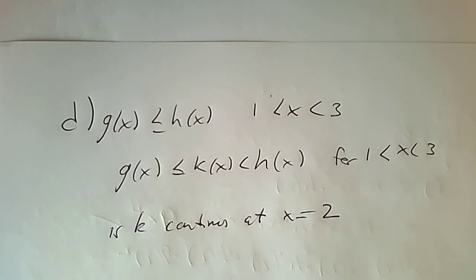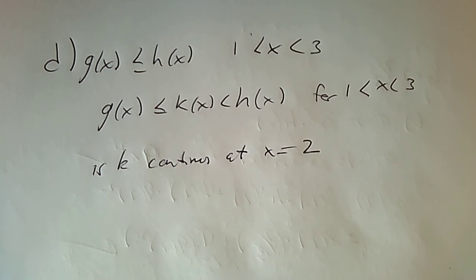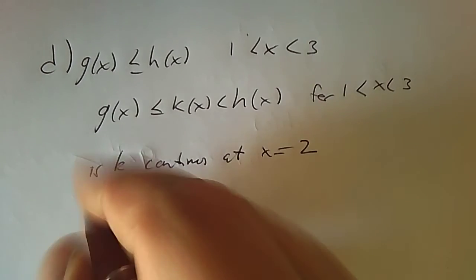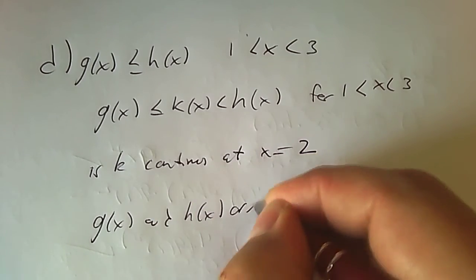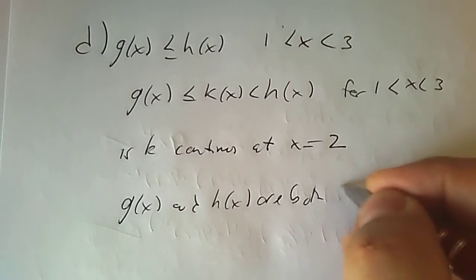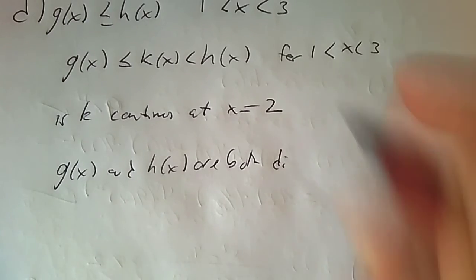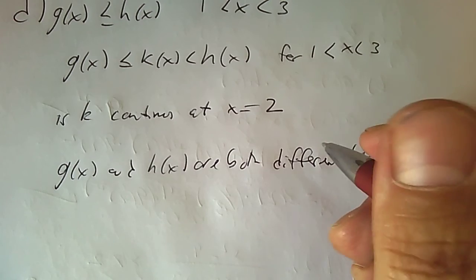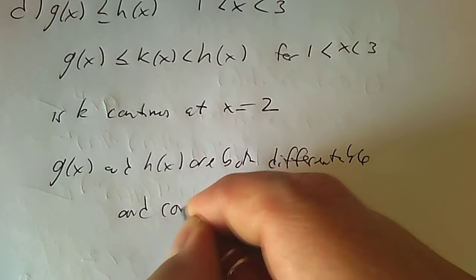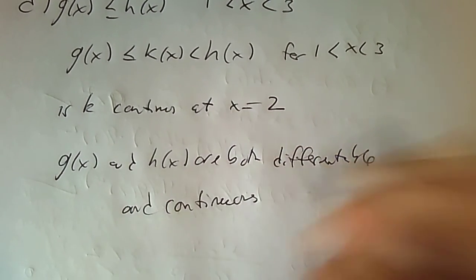So what do we need to know for that? Continuous means like differentiable helps, right? So g at x and h at x are both differentiable. That's what it says in the question. And continuous, because if they're differentiable, that means they are continuous.